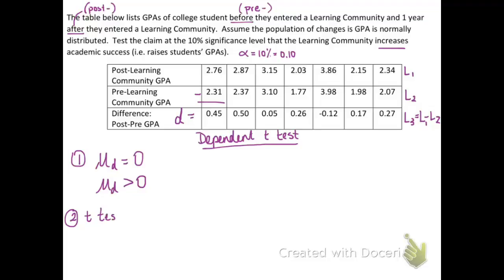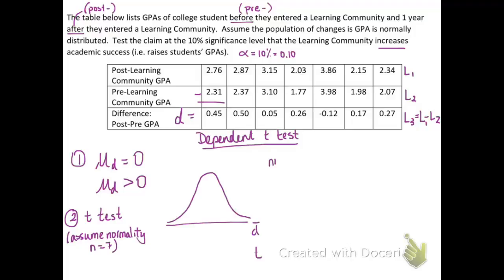This is a t-test. We assume we have normality, and we can go ahead and draw our normal curve, or practically normal curve, our student's t-curve. Assuming we selected all random samples of size 7 from this learning community and looked at the differences in their GPAs, this is how the differences would be distributed.